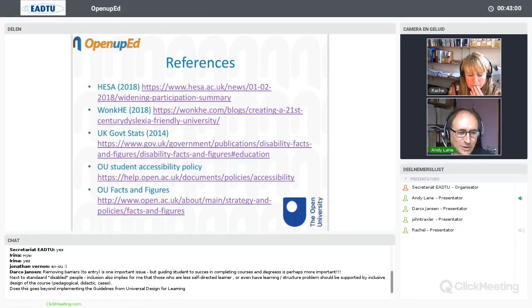So yes, you can only go so far with the design for learning in terms of making stuff accessible to people, but whether they will still complete a course and then complete a qualification, there are so many other factors at play, which may have nothing to do with how well you've designed it.